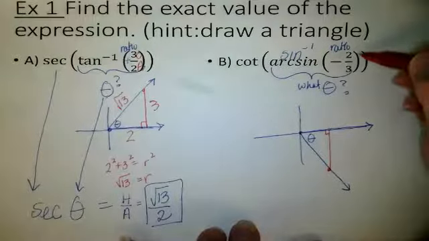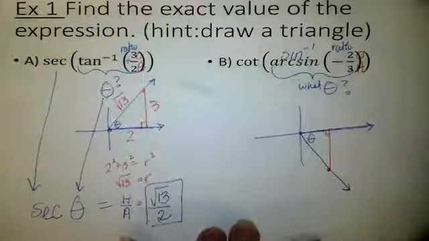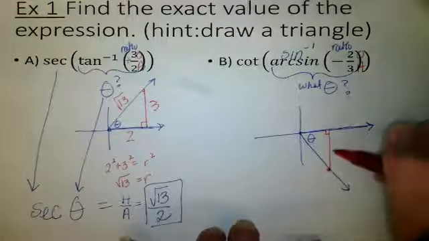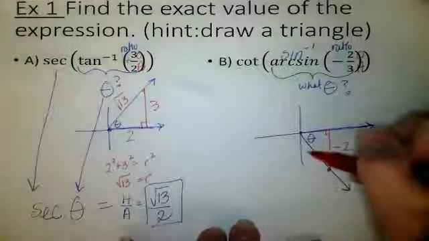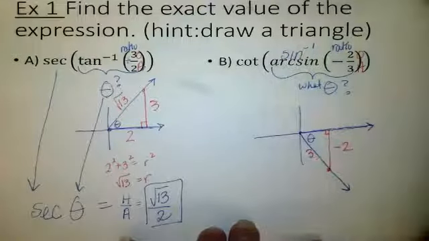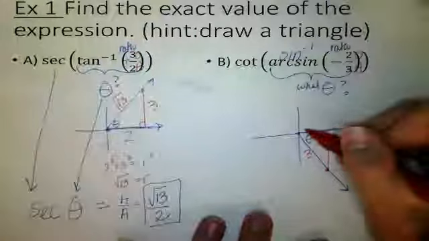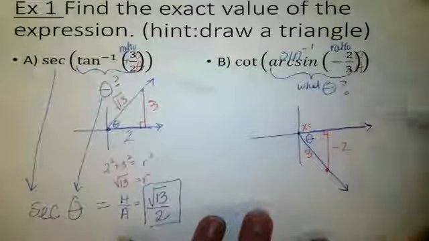Then I can assign some labels. Sine is opposite over hypotenuse. So my opposite side should be -2, and my hypotenuse is 3. And then we need the Pythagorean theorem.